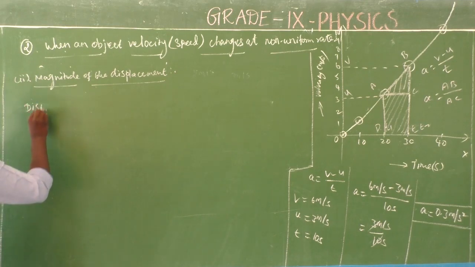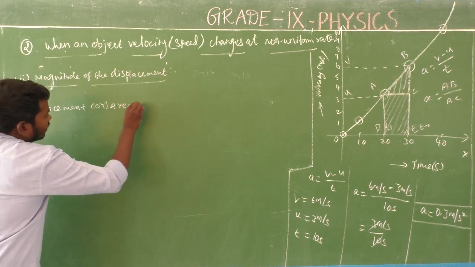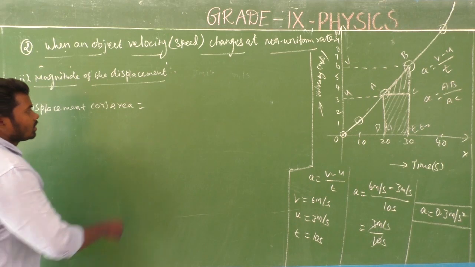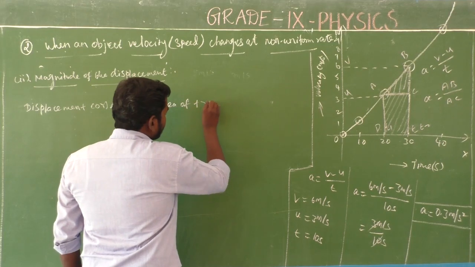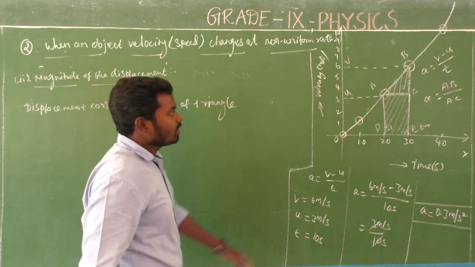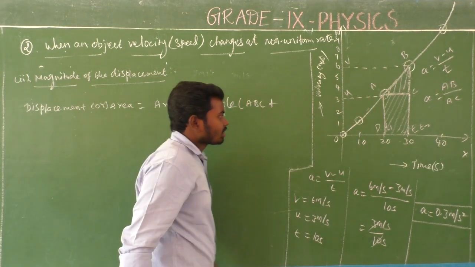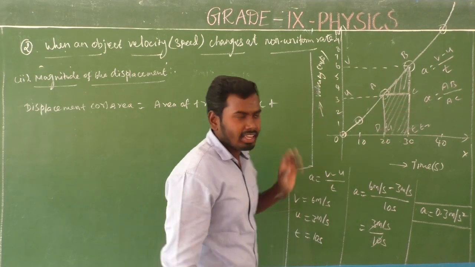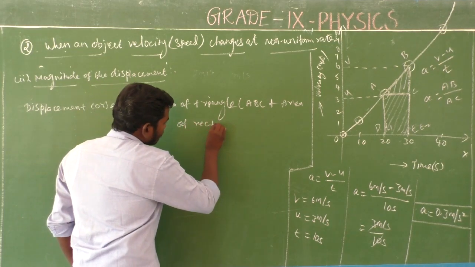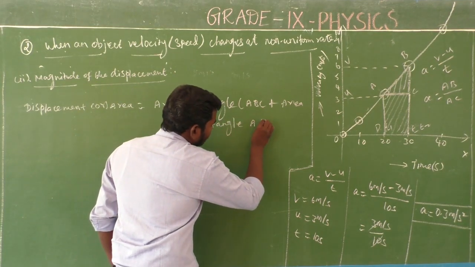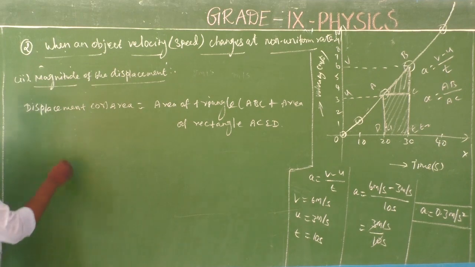So displacement or area is equal to the area of triangle ABC plus the area of this rectangle ACED. Is it clear?